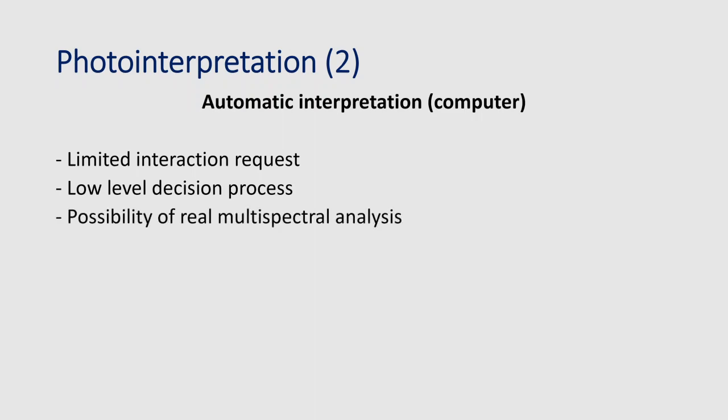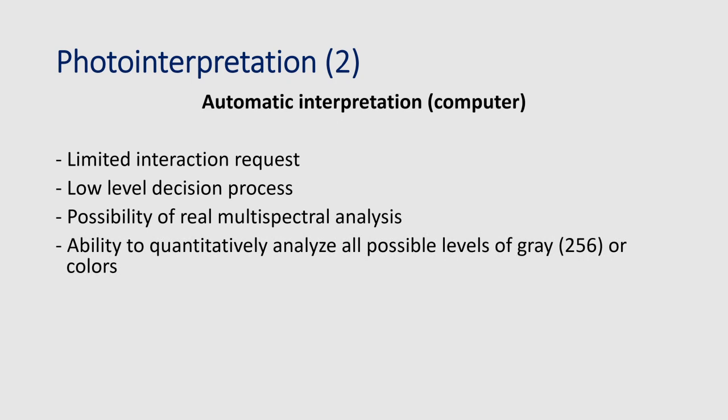There's a possibility, using software, to approach a real multispectral analysis, because there's not the limitation of the RGB visualization. There's the ability to quantitatively analyze all the possible levels of gray.